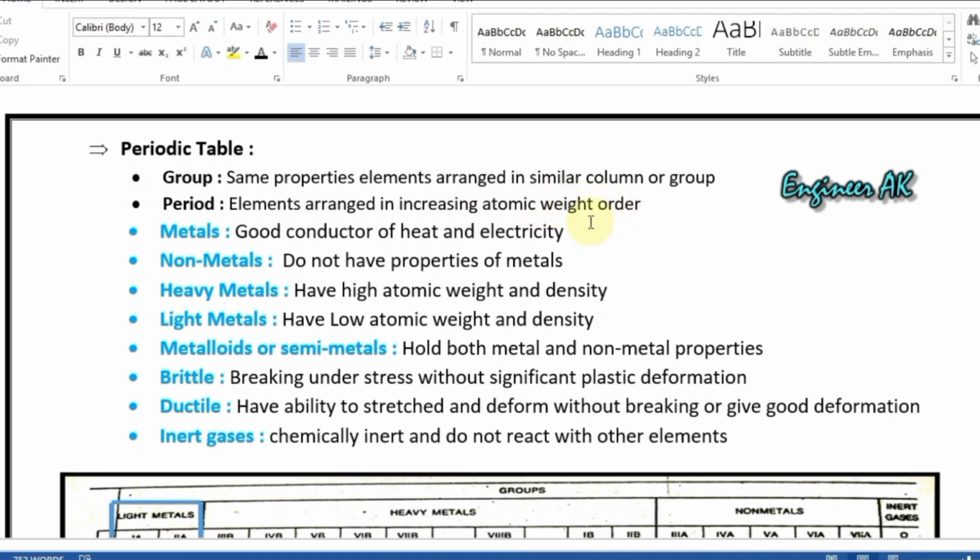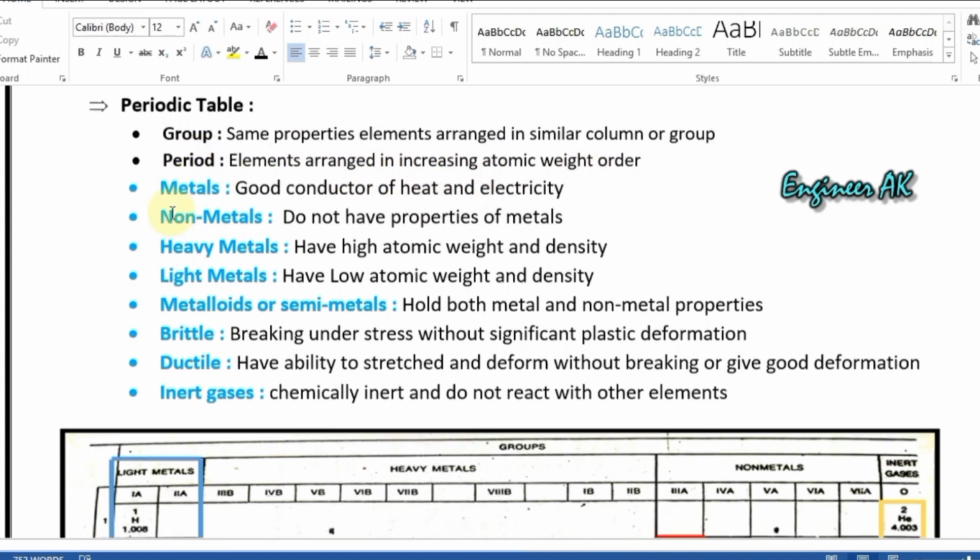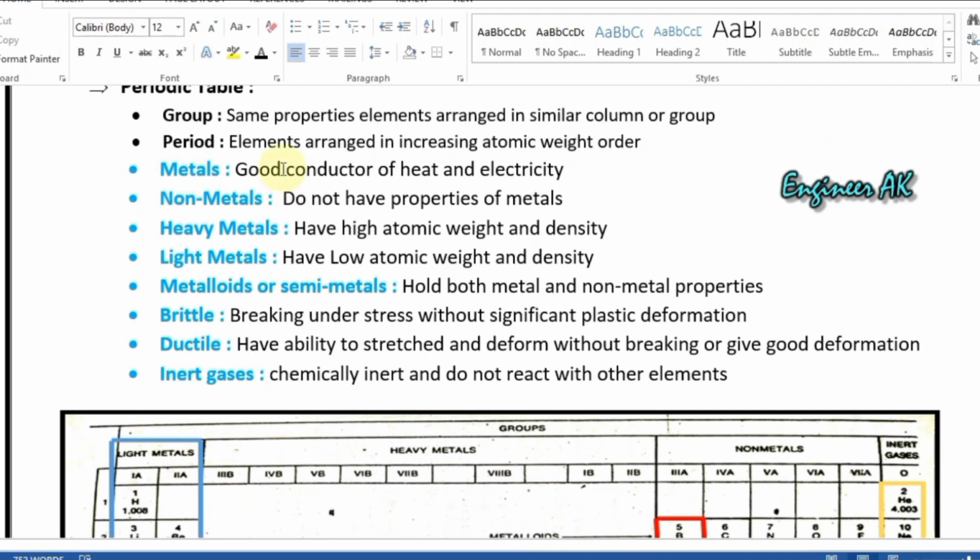And what is a period? Elements arranged in increasing atomic number. If you have studied the trends in high school, as you move from left to right in a period, the atomic weight increases, right? And that is what we call a period.